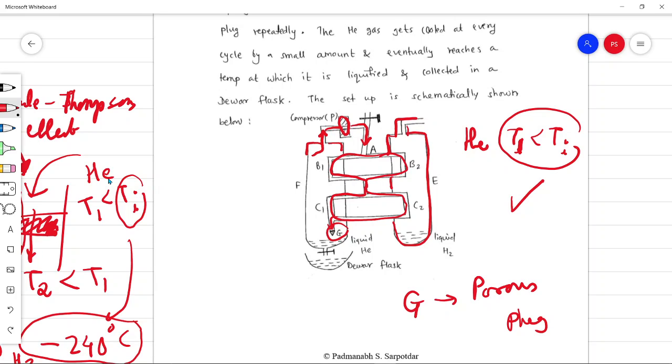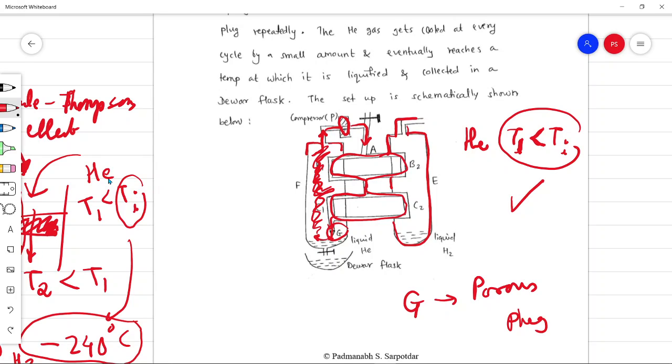So when this helium, having a temperature below the inversion temperature, passes through the plug, it gets cooled and is available inside this tube in gaseous form.